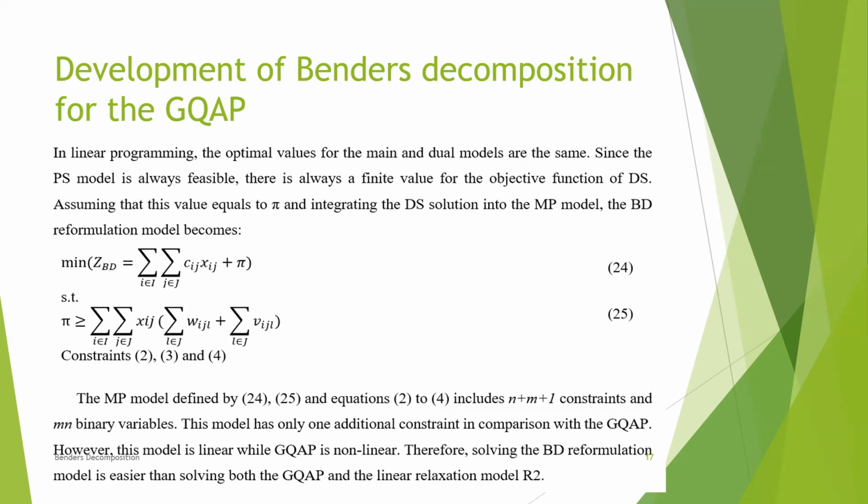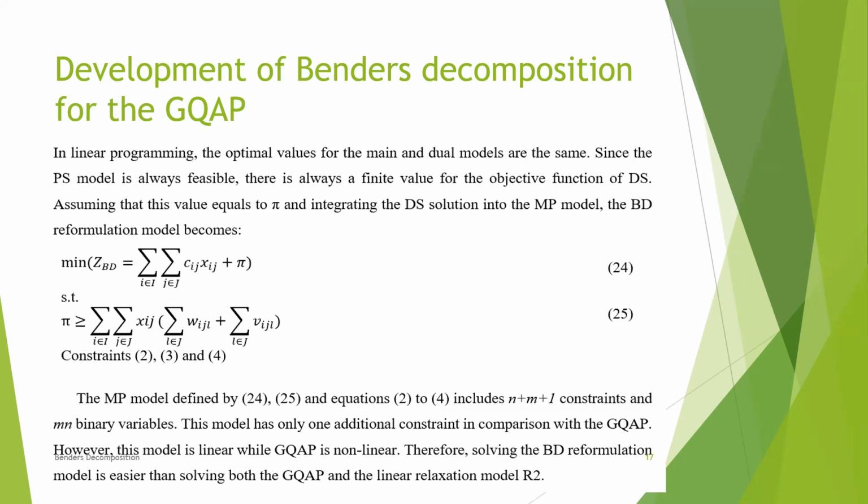Therefore, the Benders decomposition reformulation model in the master problem has the first item plus the cost P, where the cost P should be updated using equation number 25.